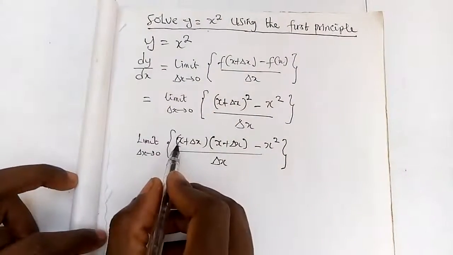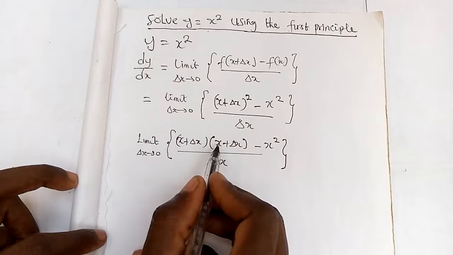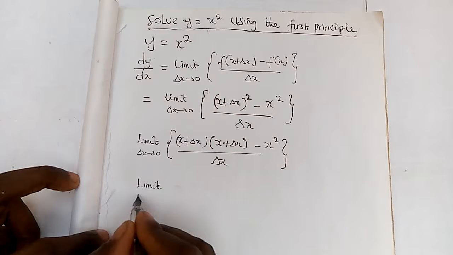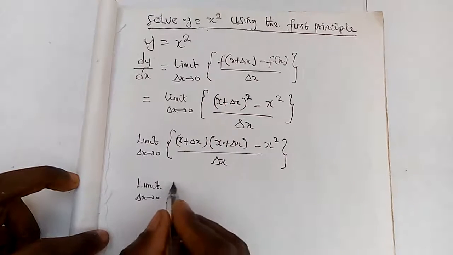We multiply the first x in the first bracket by the first x in the second bracket, and you have your limit as change of x approaches 0.